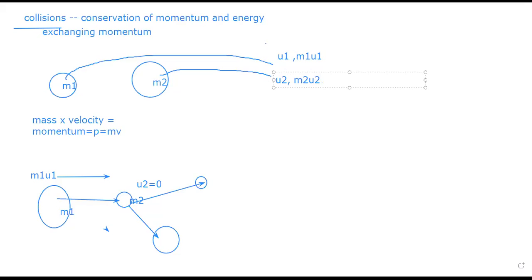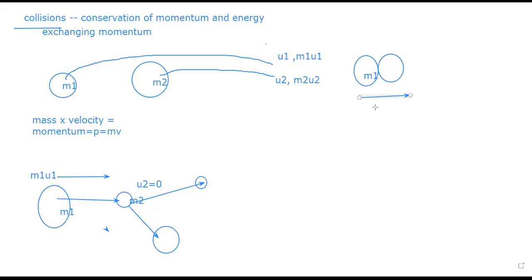Both collide with each other. So when both are colliding, this is the collision. This is the phenomenon of interaction. During this collision, this is the first mass, the mass m1, and it applies a force on m2.